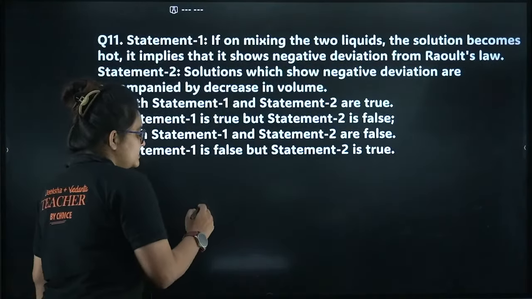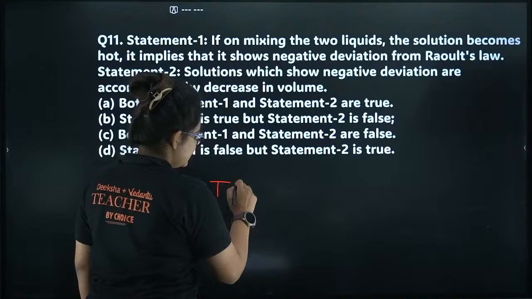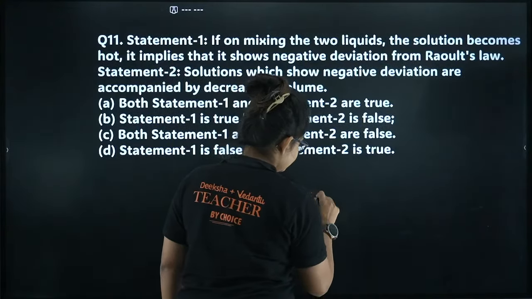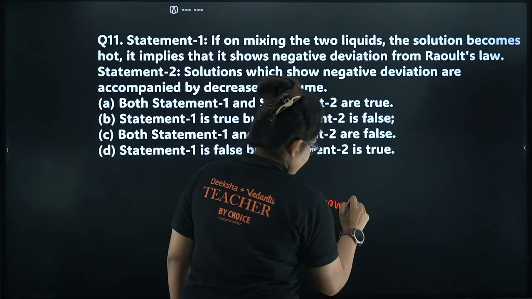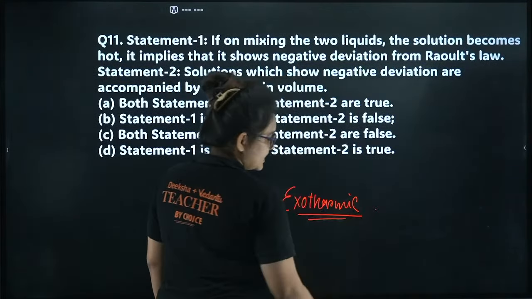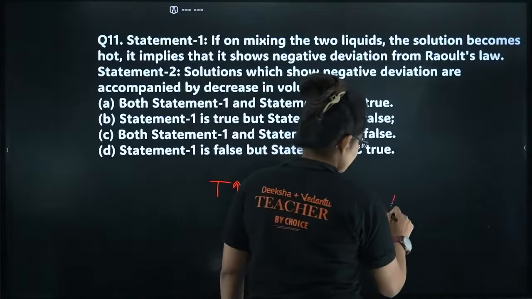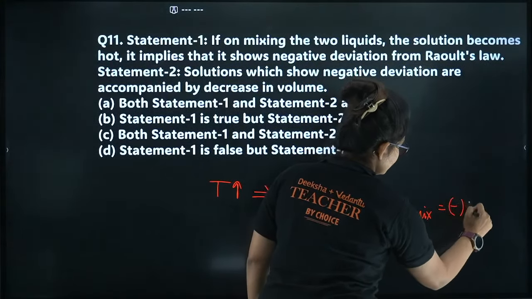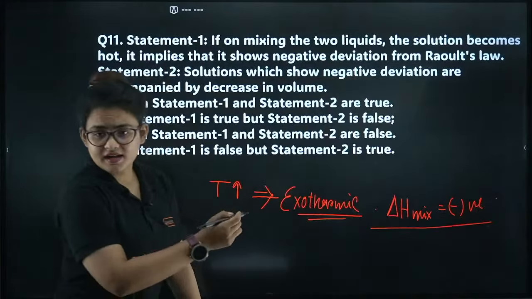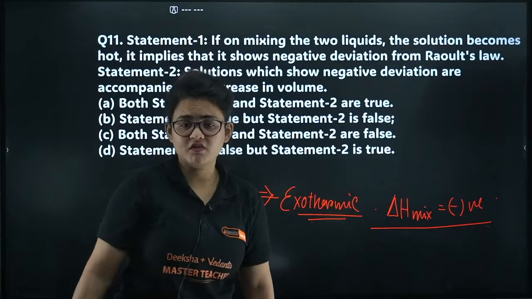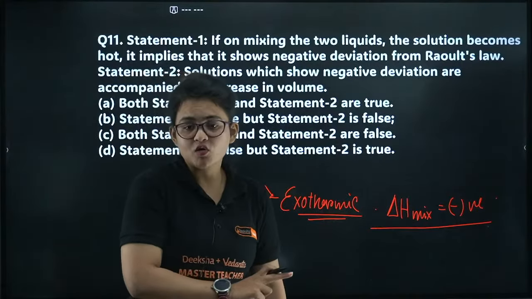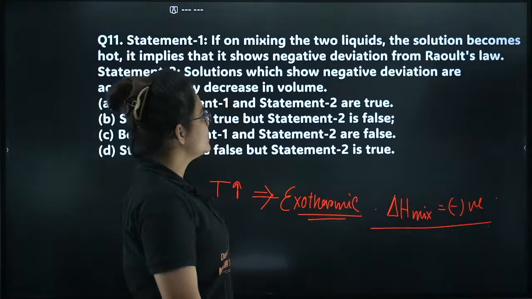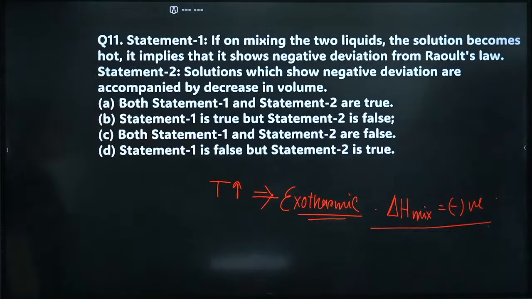Temperature is increasing, which means it's an exothermic reaction. Exothermic reaction means delta H of mixing is negative. Whenever the enthalpy of mixing is negative, it is negative deviation from Raoult's law. So statement 1 is definitely true.